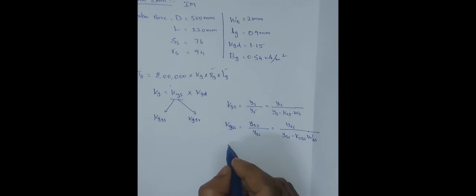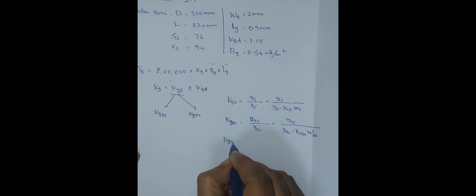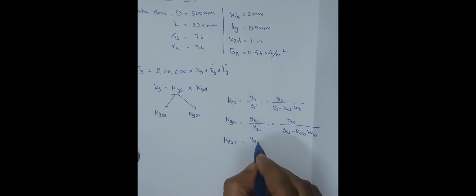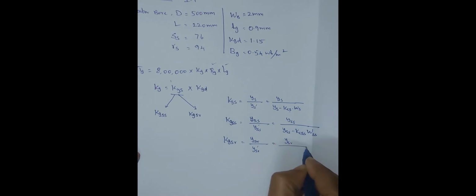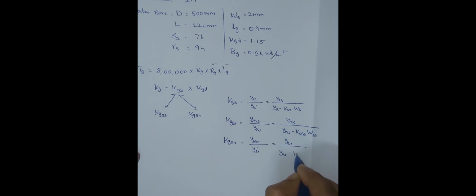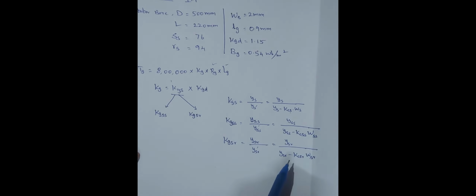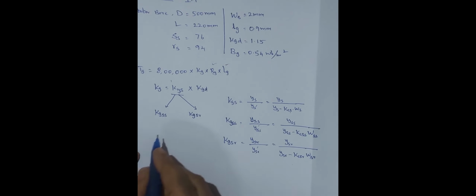Similarly, Kgsr, the gap contraction factor for the rotor slot, is equal to the rotor slot pitch Ysr divided by Ysr dash, where Ysr divided by Ysr minus Kcsr, the Carter's coefficient for the rotor slot, multiplied by the rotor slot width Wsr. So we have to find these.